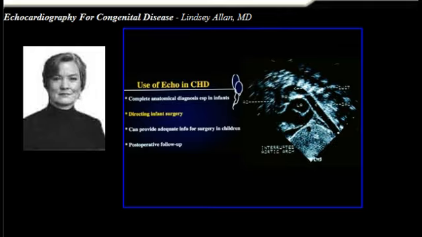You mustn't forget that in the old days we catheterized all these infants, and we didn't have echocardiography, and many of our young fellows have forgotten these days and don't realize that catheterization of the newborn is not without risk. Certainly 15 years ago or so, when I was a fellow, we had no choice, because this was the only way we were going to get the anatomical information, but it was associated with risk. So we want to avoid catheterization in newborns if we can get all the information we need from the echocardiogram.